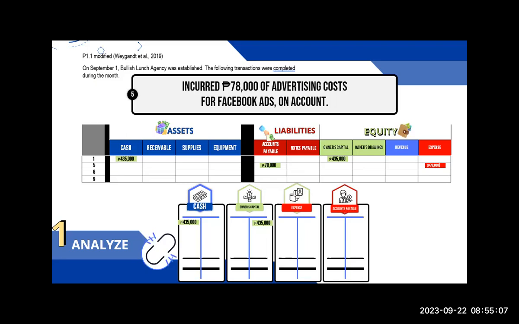Yung 78 connotes na tumaas si expense by 78,000. So ano yung normal balance ng expense? Debit. So debit 78,000. And then si accounts payable, tumaas ng 78, credit naman yung normal balance niya. So credit 78,000. So again, may balance. Debit of 78,000 expense is equal to your credit of your accounts payable at 78,000.